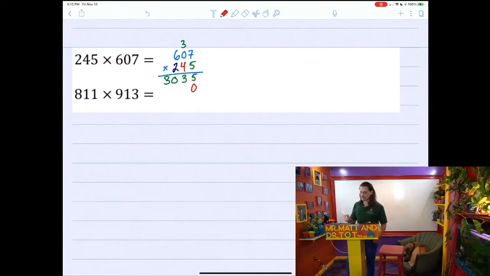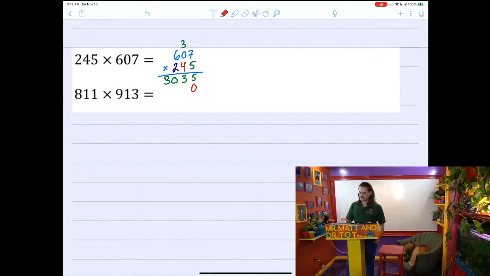So 4 times 7 is 28. So we're going to keep the 8, carry over the 2. 4 times 6 is 24. 24 plus 2 is 26. So we don't have anything else to carry over, so we're just going to write out, oh, excuse me, I skipped over the 0, I'm sorry.